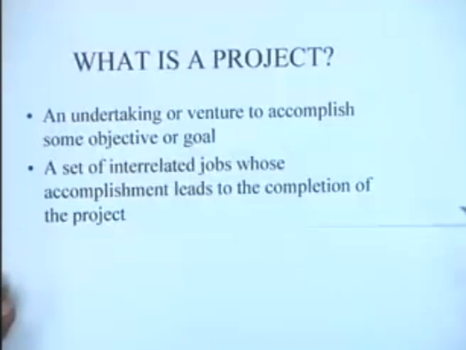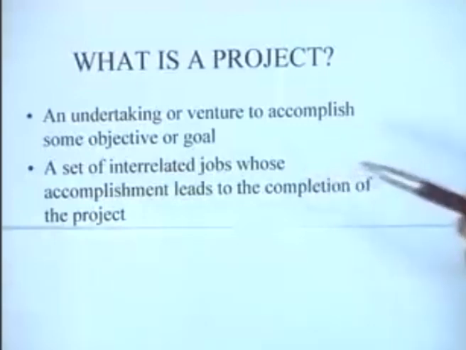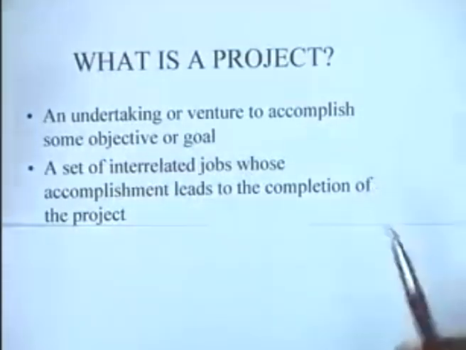A project can be viewed as a set of interrelated jobs whose accomplishment leads to the completion of the project. So essentially speaking, although here we talked about the basic objective of a project, the composition or the structure of a project is that it is composed of a variety of jobs, and these jobs are interrelated, and the completion of these jobs leads to the completion of the project.